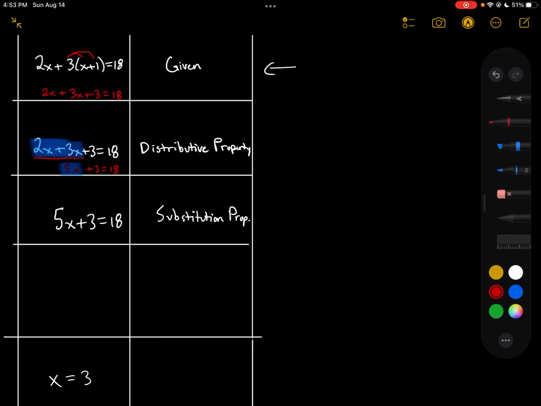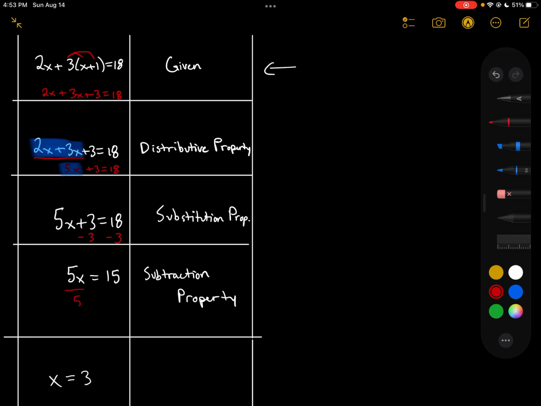All right, we'll keep rolling here. So our next step in red, we would want to subtract 3 from both sides if we were just solving this like algebra. If we were to subtract 3 from both sides, we'd have 5x on the left and 15 on the right. Now, because we're subtracting on both sides, this is subtraction property. And keep going from there. 5x equals 15.